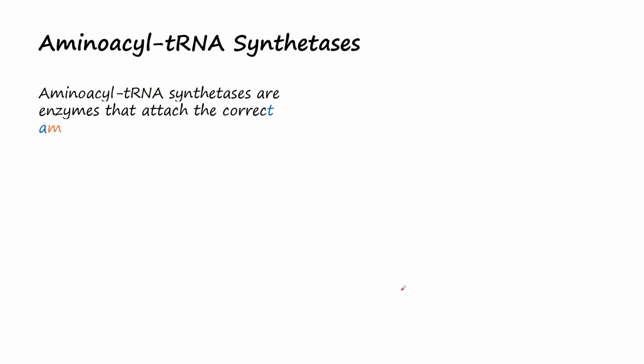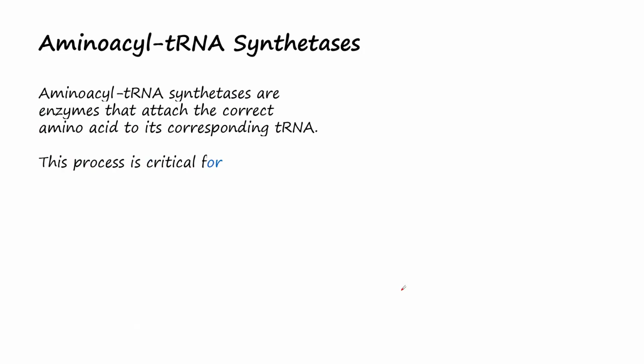So then we have aminoacyl transfer RNA synthetase. These are enzymes that attach the correct amino acid to its corresponding transfer RNA. Each transfer RNA has its own specific aminoacyl transfer RNA synthetase enzyme, because this enzyme is responsible for attaching a specific amino acid to the corresponding transfer RNA.